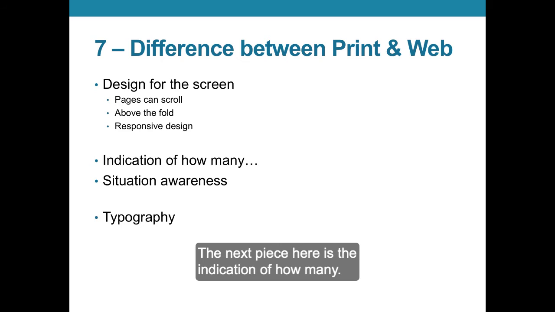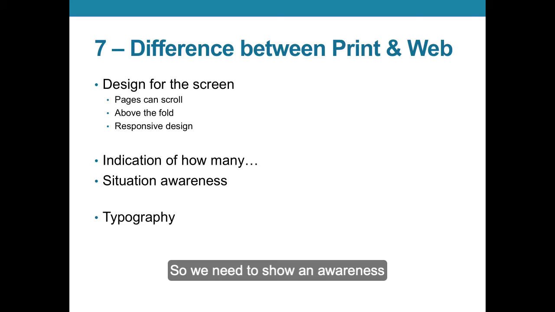The next piece here is the indication of how many. So we need to show an awareness of our viewers' understanding of how many there are. So it shows good design awareness to anticipate the concerns of the viewer by providing an indication of how many images there are to view in a given set or a given module, a given content area.